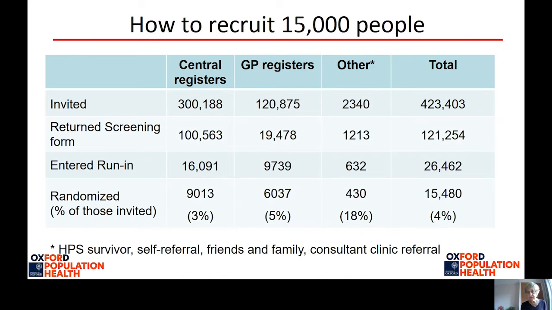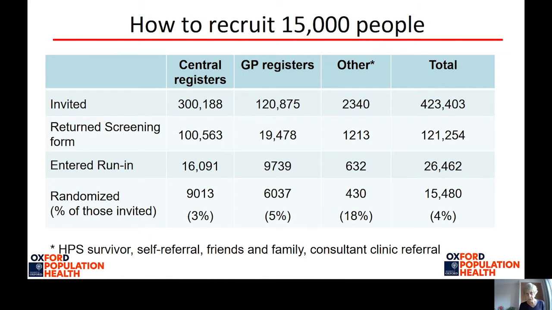And as you can see from this table, if we look at the central registers column, we ended up inviting about 300,000 people who'd been identified through these centrally held registers, and randomized about 9,000 patients from those invitations.